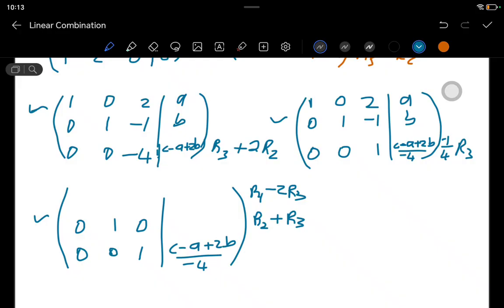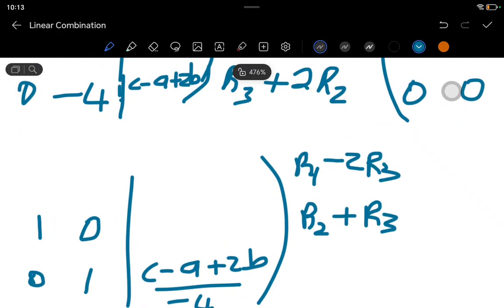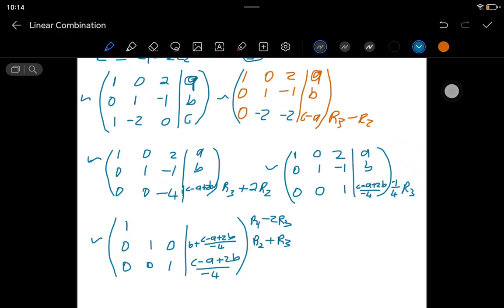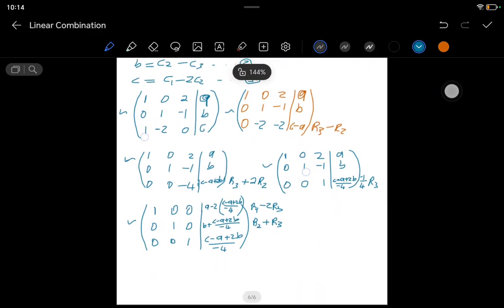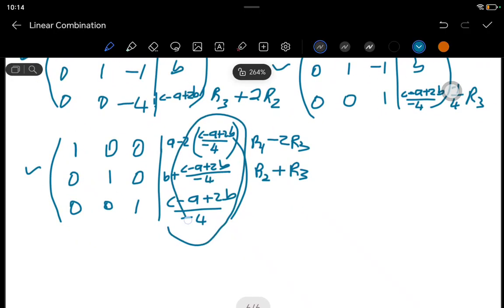Then if I add B with this, I'm just going to get B plus C minus A plus 2B over minus 4. And then this one is just going to be 1. It's just going to be 0, 0. And then here if I say row 1, which is A minus 2 into C minus A plus 2B over minus 4. Something like this, right? Then we realize that you can try to simplify this.